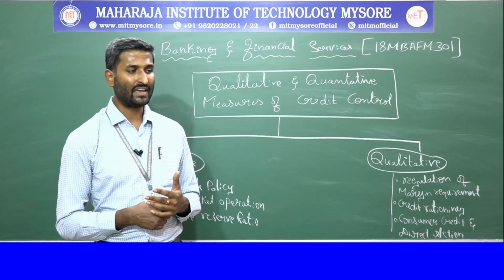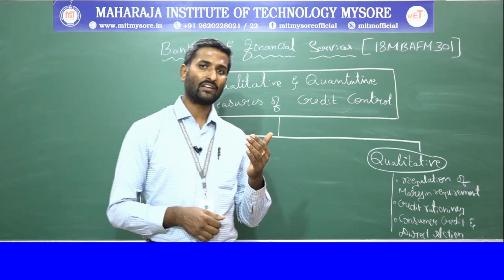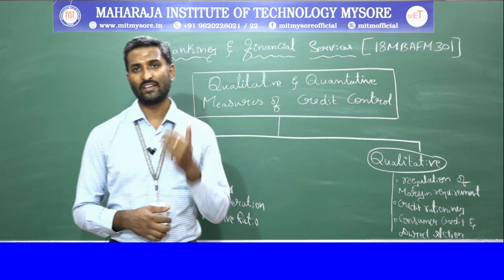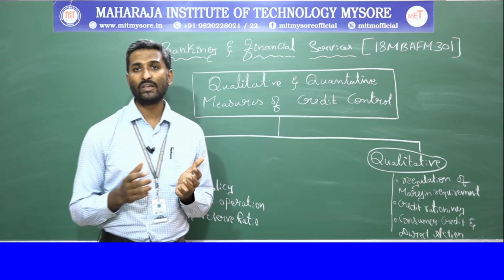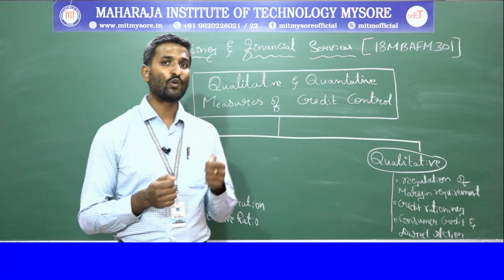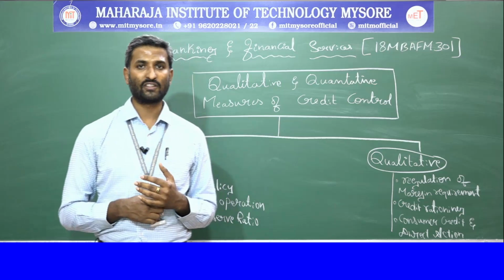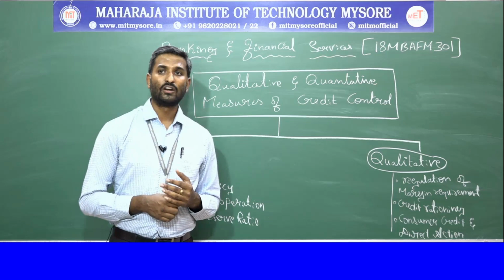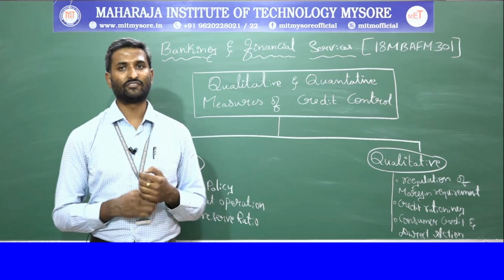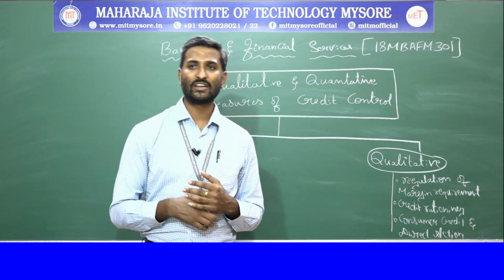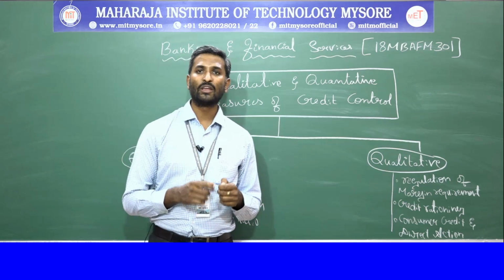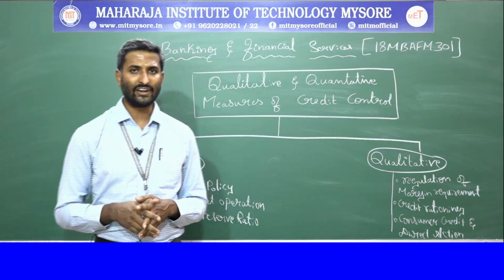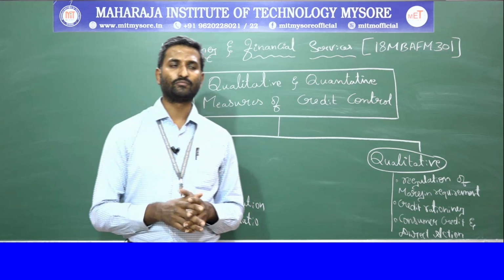In the same way, whenever the RBI mandates only a 50% margin, it will obviously have a control on the banks' credit facilities. So whatever margin requirement is decided by the RBI will influence the flow of credit by the commercial banks.